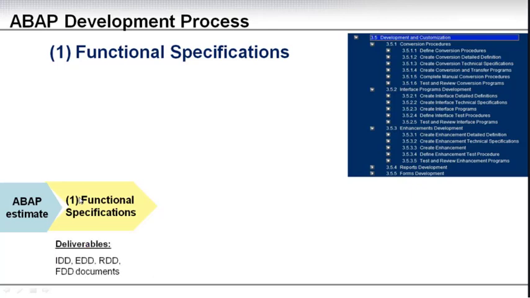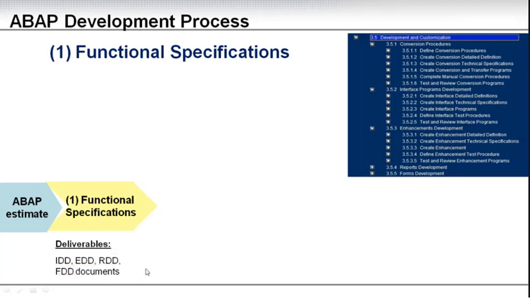And the deliverables from this is the functional specification documents. And here are some commonly used abbreviations. So IDD, interface design definition, EDD, enhancement design definition, report, forms, and the only one that's missing here is the C, conversion design definitions. Then you have the RICEF.